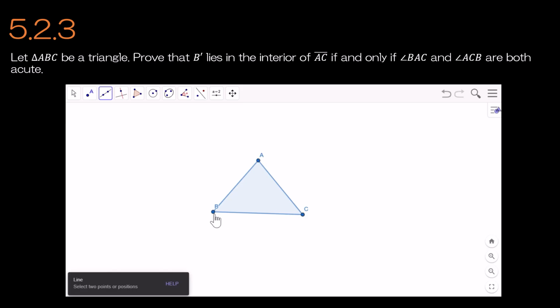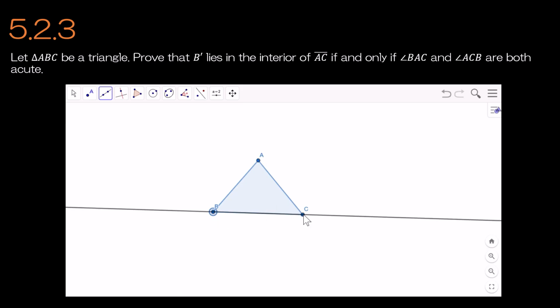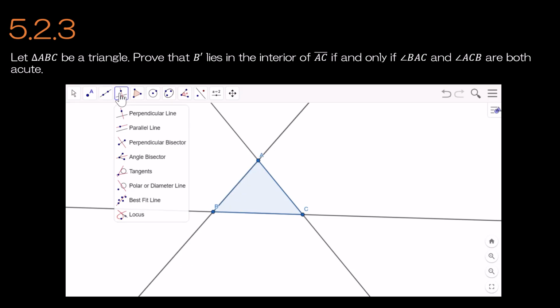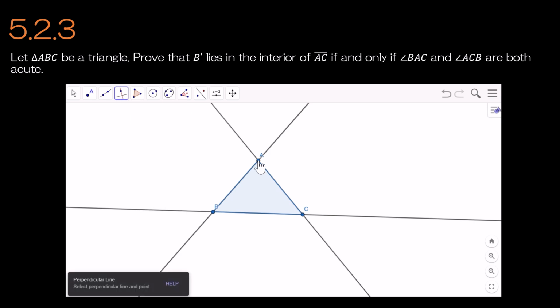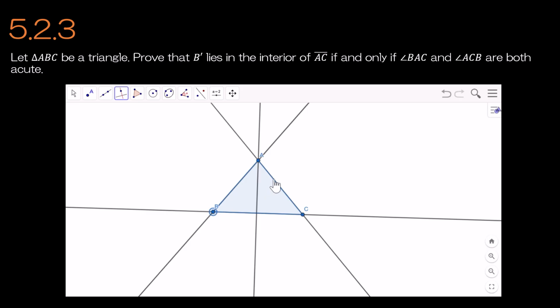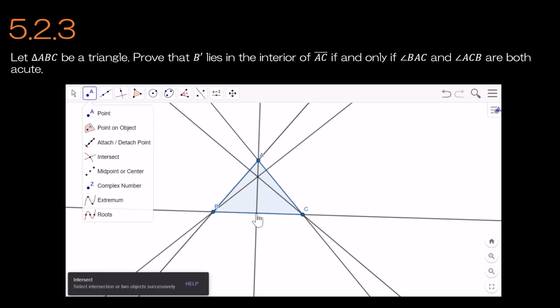So notice I have triangle ABC, but I'm going to go ahead and create a segment across from A, a segment across from B, I'm sorry, not a segment, a line. So I'm essentially taking those segments and extending them. Now, if I go to perpendicular line from A to the opposite sideline, and B to the opposite sideline, and C to the opposite sideline, and then I construct those points.